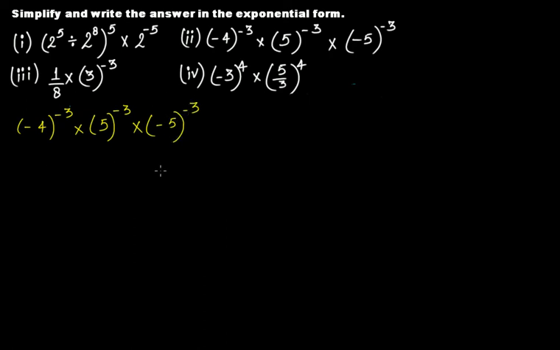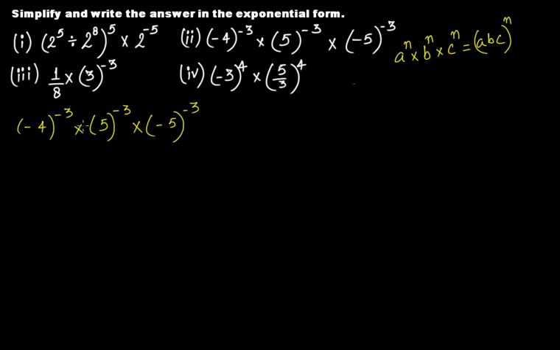Now this can be solved using the law of exponent, that is a raised to the power of n multiplied by b raised to the power of n multiplied by c raised to the power of n will be equal to a b c, that is a multiplied by b multiplied by c raised to the power of n.